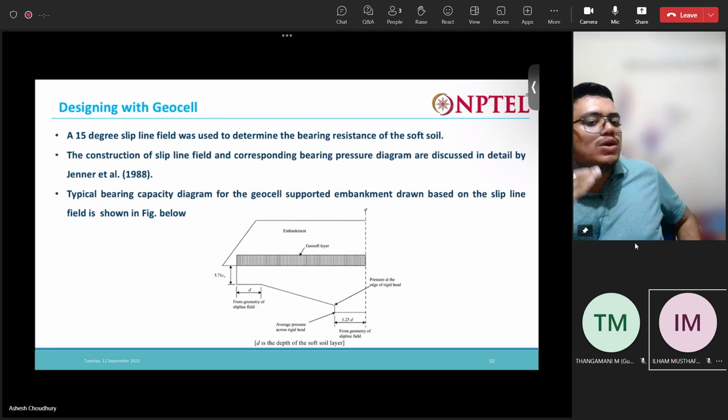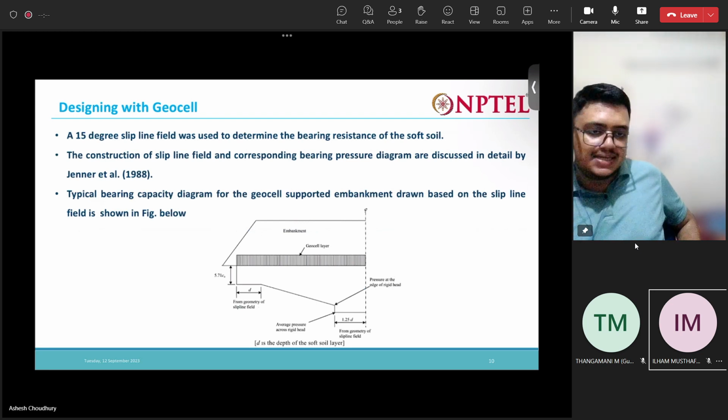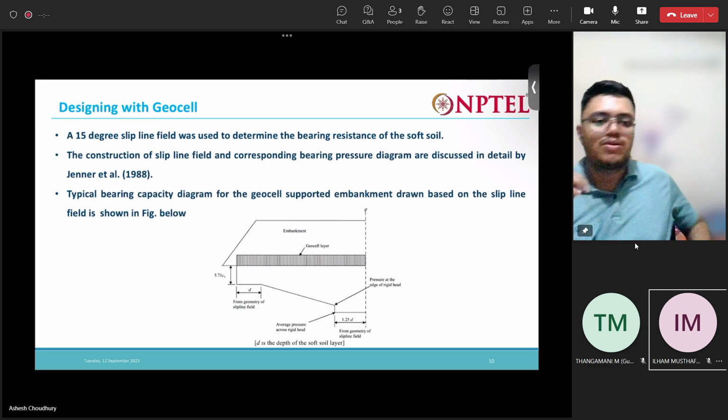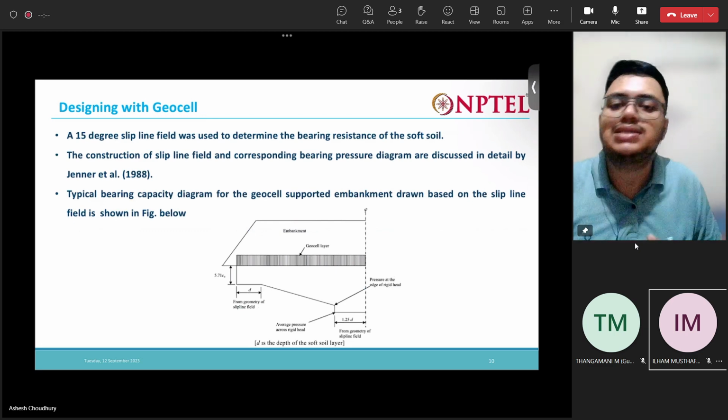What is 5.71 cu? 5.71 cu is our elastic limit. So below 5.71 cu, it's plastic.